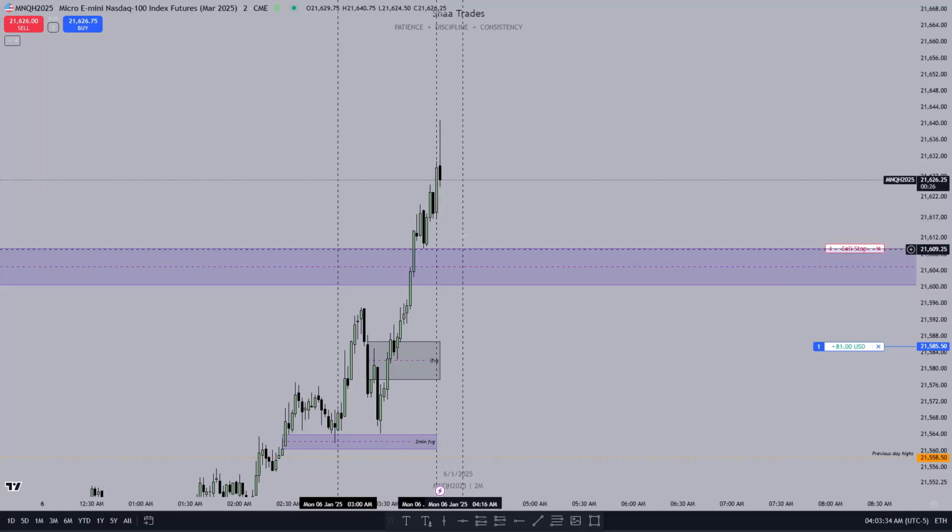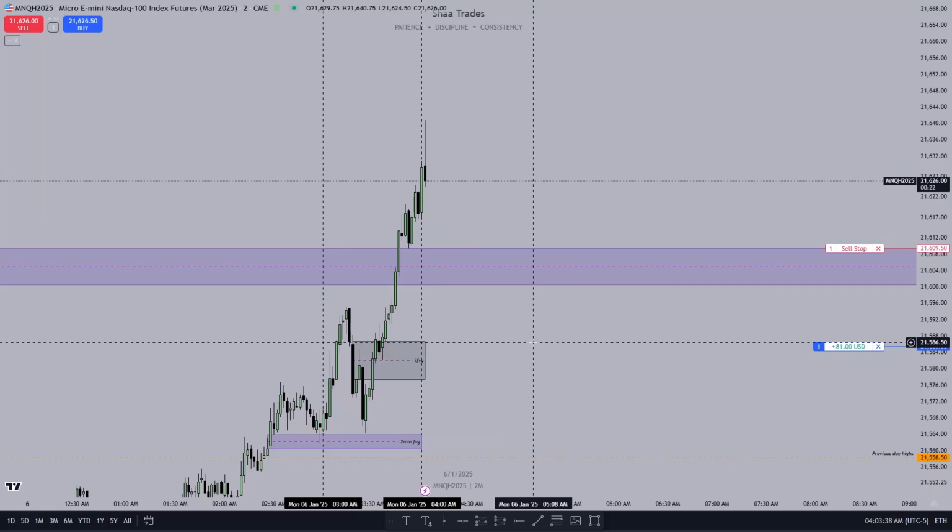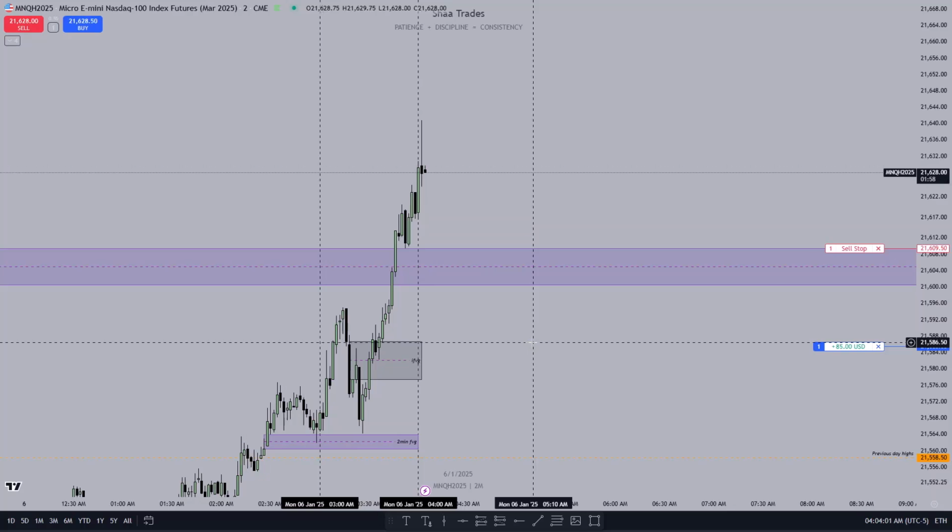If it closes all the way down there, then we could look for price to go lower, but I'm not really stressing about that at the moment. Even though we want our runners to keep running, we want to let it run, that's okay too. It's okay if it comes back. It's perfectly fine.